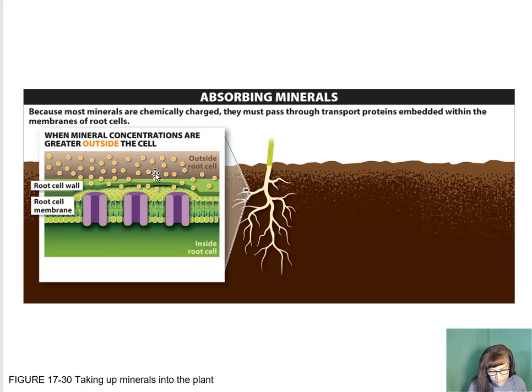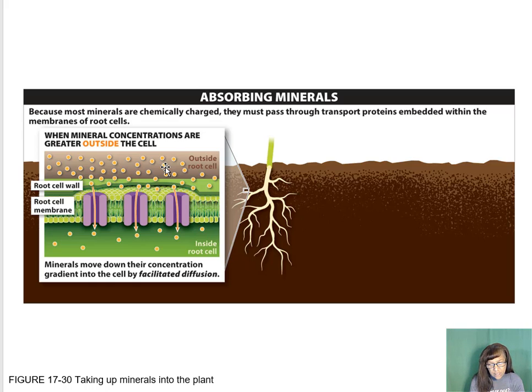So when the mineral concentrations are greater outside the root cell, here we have the root cell wall, here we have the root cell membrane, we can see that we actually have these channels that are here. So here we're looking at outside the root cell, and then here, follow my cursor, inside the root cell. And so now we're looking at when mineral concentrations are greater outside the cell, then minerals can move down their concentration gradient into the cell, facilitated by diffusion.